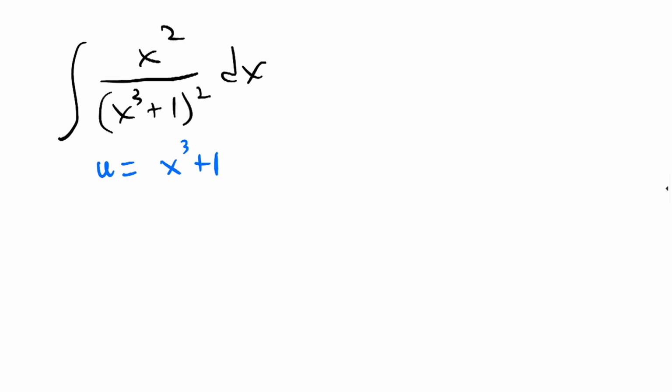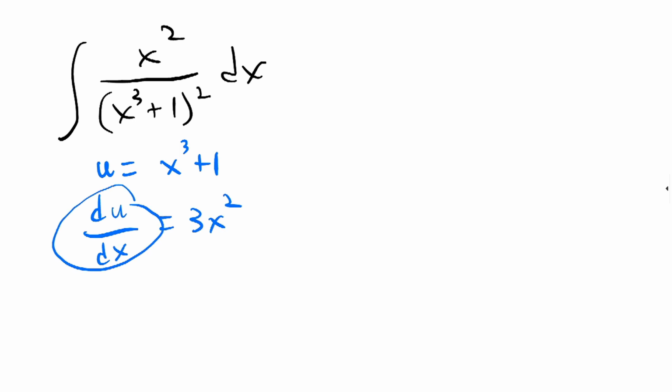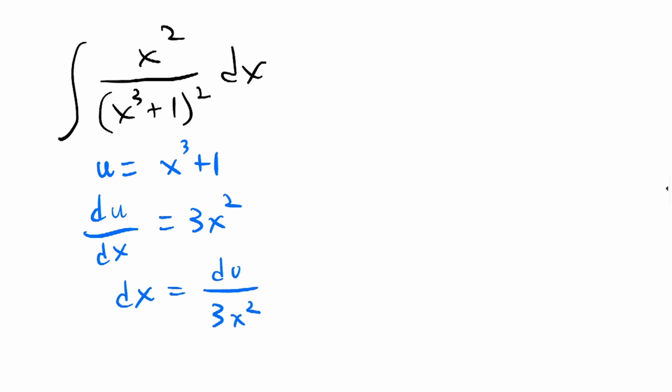And of course, our derivative with respect to x is 3x squared. This left-hand side is pretty important. You're taking the derivative of u with respect to x, okay? The reason I'm doing this is because when you rearrange and solve for dx, dx is just du over 3x squared, okay?